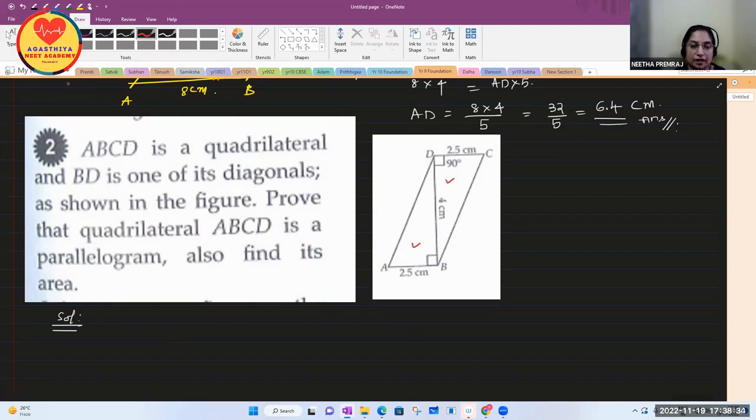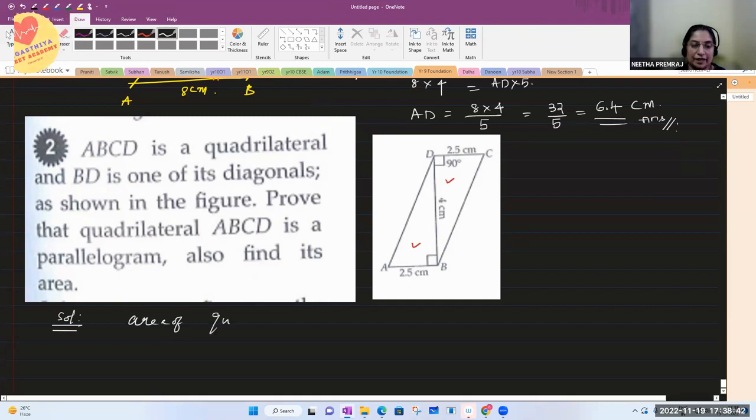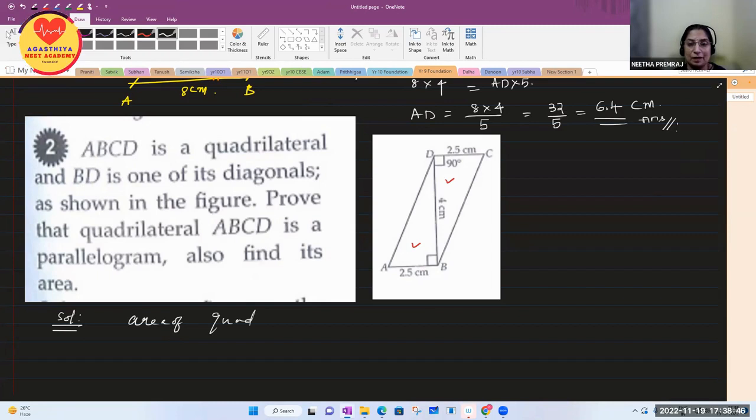So you can write area of quadrilateral. Don't write parallelogram, because we have to prove it's a parallelogram. We don't know whether it is a parallelogram or not, so just let it be. Area of quadrilateral is equal to area of triangle ABD plus area of triangle BCD. What is area of triangle?